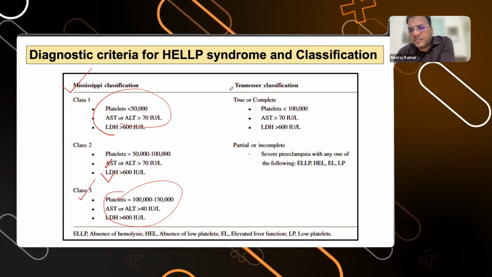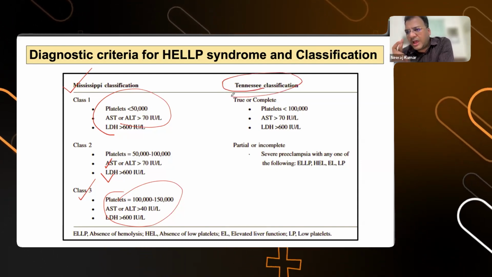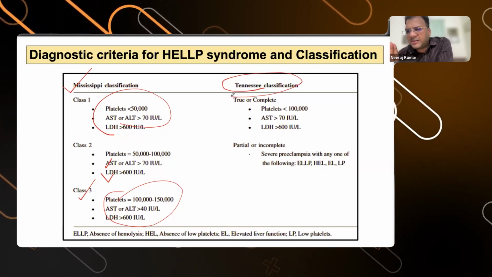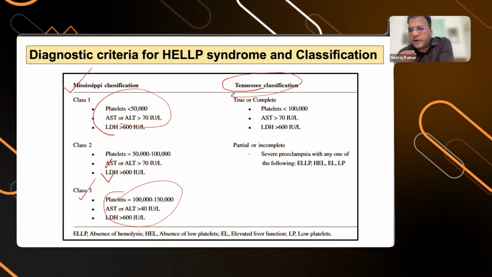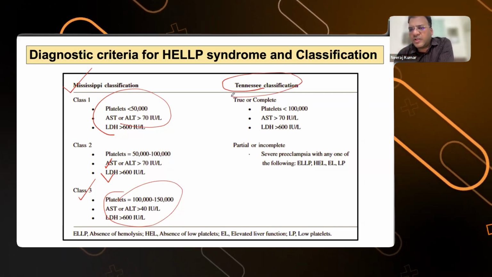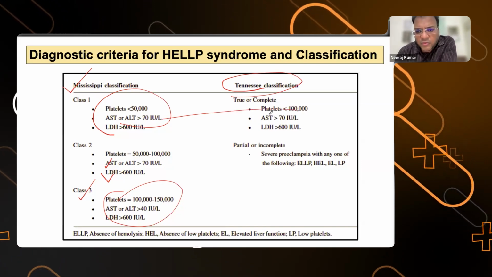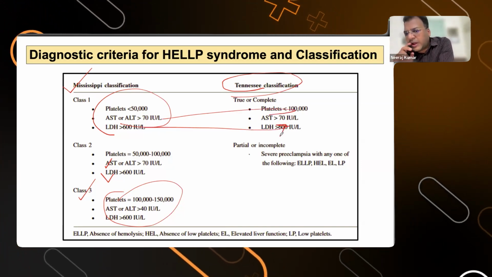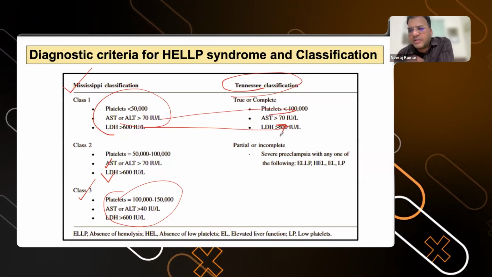The second classification is Tennessee classification. Here you have 2 classes, partial or true, that is complete. So how will you define true or complete? If the platelet count is less than 1 lakh, AST is more than 70, and LDH is more than 600, then it is the Tennessee true type classification.